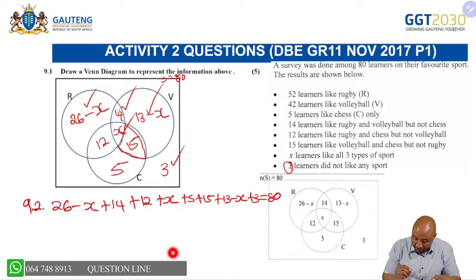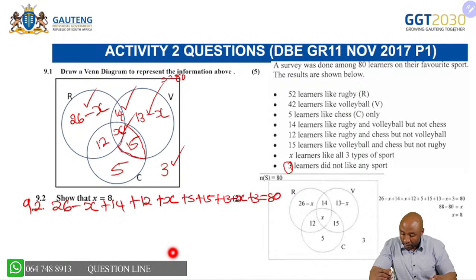And then from there on, we collect like terms. Negative X plus X will give us 0. 26, 14, that's 40, 52, that will give us 72, plus 13, we'll get 88.